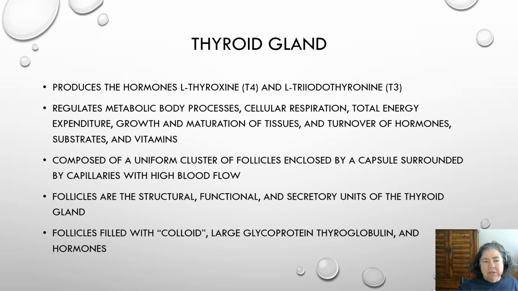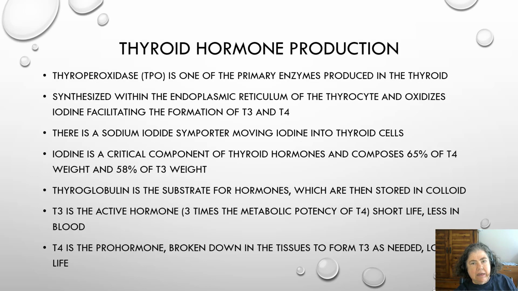The follicles have cells that are surrounding a glycoprotein that is called colloid. So colloid is thyroglobulin and prehormone and iodide, and it is surrounded by the thyrocytes or thyroid producing cells of the thyroid gland. And we'll show you some pictures and talk about that in a little bit more detail.